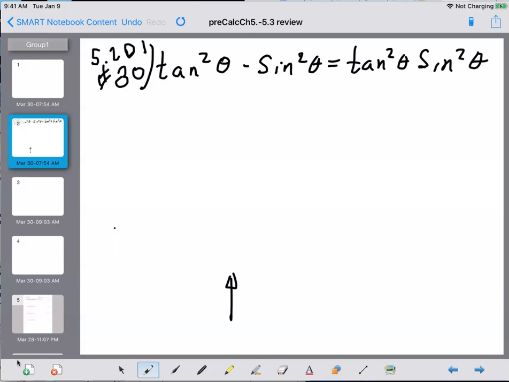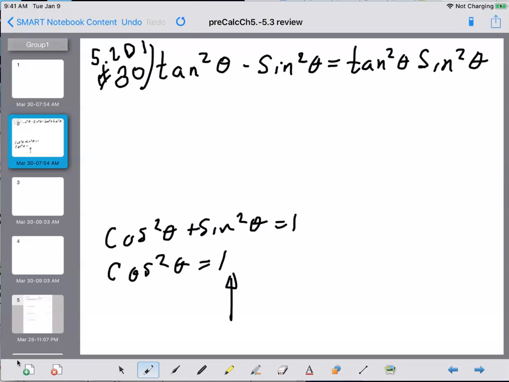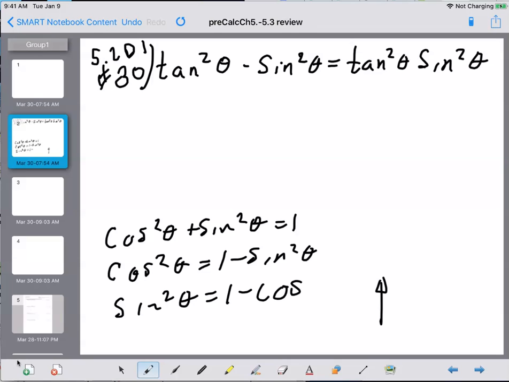and I know that cosine squared theta plus sine squared theta is equal to 1. So I know that cosine squared theta is equal to 1 minus sine squared theta, or I can go sine squared theta is equal to 1 minus cosine squared theta.